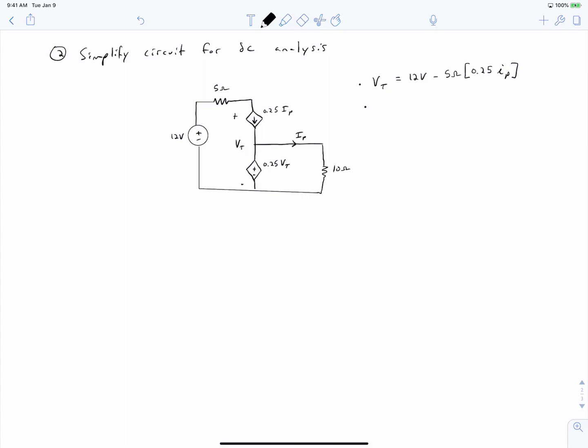The pole voltage is going to be 0.25 times our throw voltage, which is going to equal the voltage drop across the load resistor. And we can solve this to say that Vt is equal to 40 IP, which we can then plug back into the first equation.